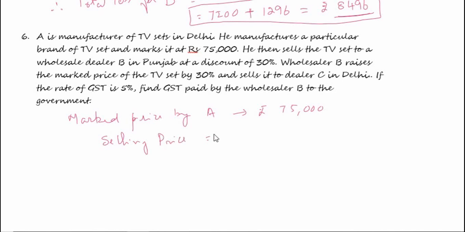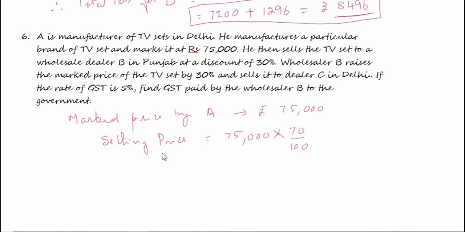Selling price is mark price, that is 75,000 into 70 by 100. That is he has given 30% discount.